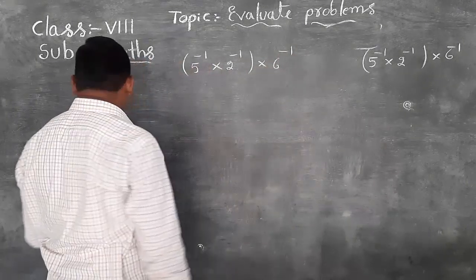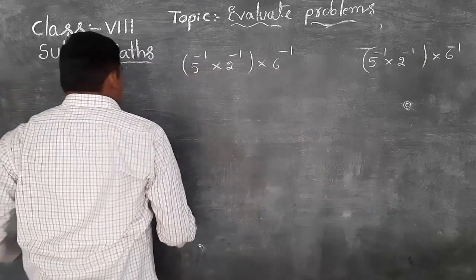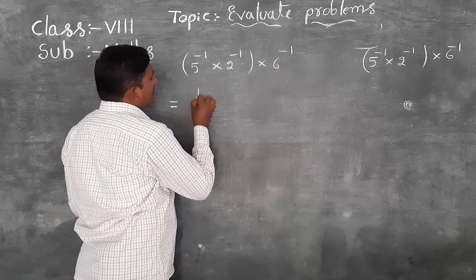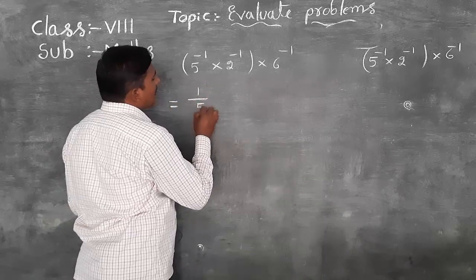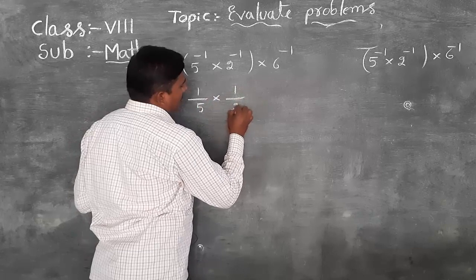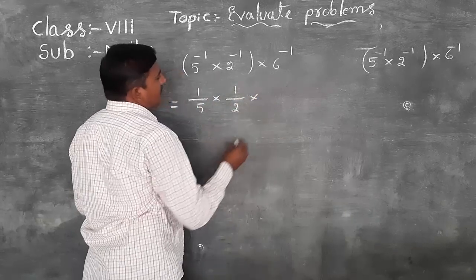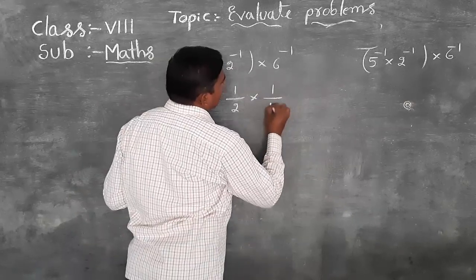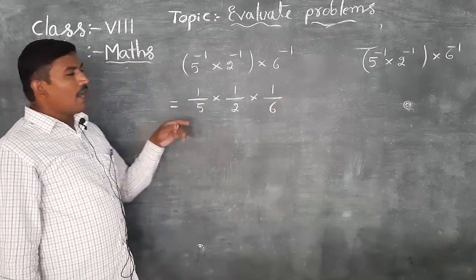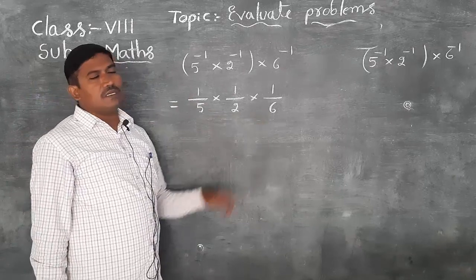Already we discussed problems like these. So 5 inverse means 1 by 5, into 2 inverse means 1 by 2, into 6 inverse means 1 by 6. Is cancellation possible for 2 and 6?